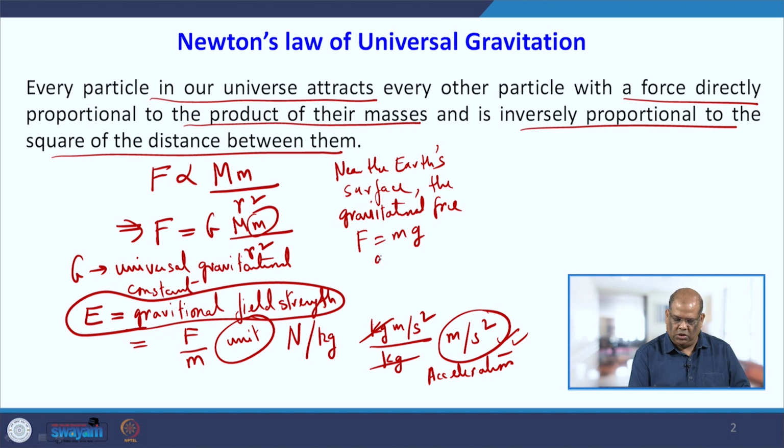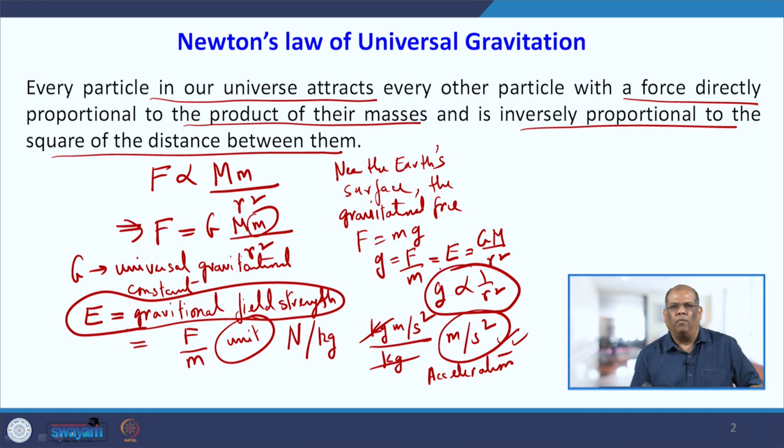So this g is equal to F by m, which can be put as E, and F by m is equal to G M by r square. So your gravitational acceleration near the Earth's surface g varies as 1 by r square. The point of proving this is that outside the Earth's surface, if a body is attracted, then the gravity varies as 1 by the distance square, which we call the inverse square law.